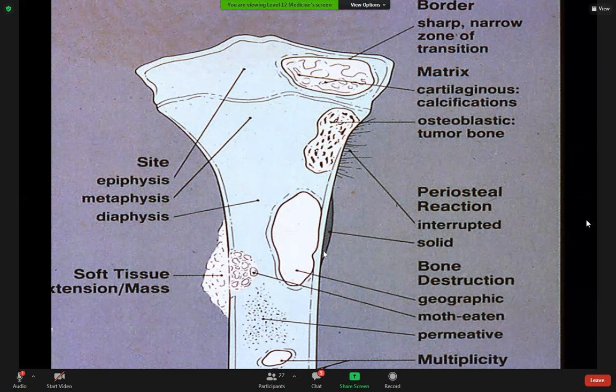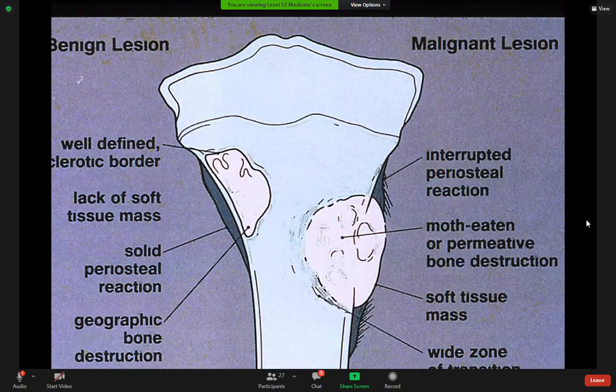I will show you X-rays telling you all these things. Is it single? Is it multiple? Then we look for soft tissue. If there is a bone lesion with a significant or large extension in the soft tissue, you can see the shadow in X-ray and can tell if there is bone or not. So we look at this to differentiate between malignant or aggressive tumor and benign or non-aggressive tumor.